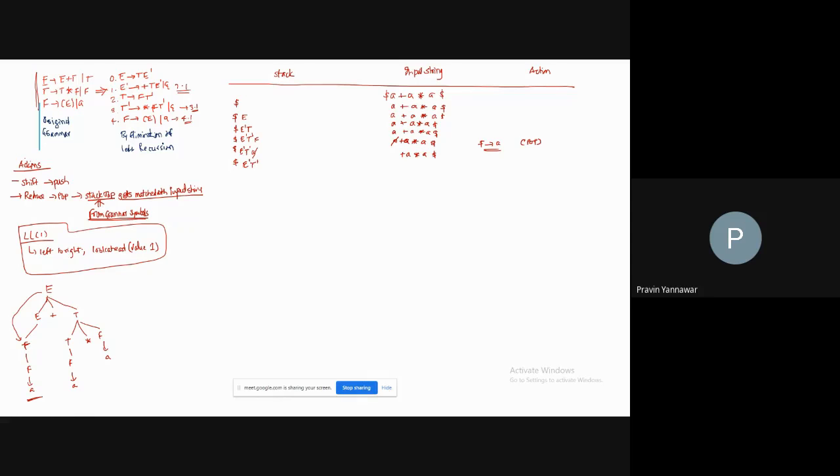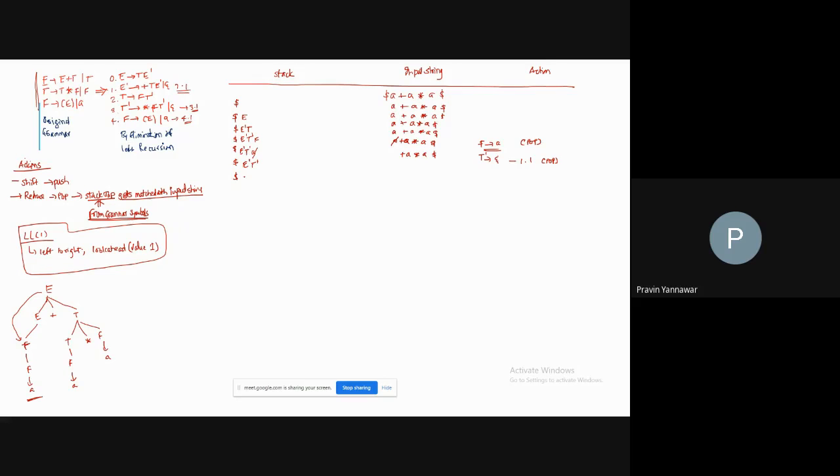Now we understand that if we wanted to get plus as an input string, this T dash has to be reduced with the production T dash implies epsilon, which is nothing but rule number 1.1 production. So by that T dash gets reduced, right? So here we are again performing a pop operation, we'll reduce it.